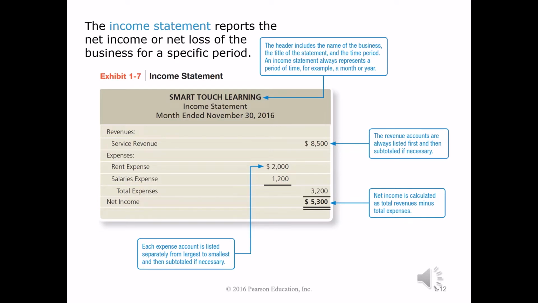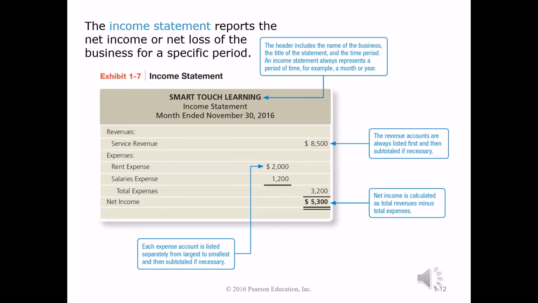The header is important on the income statement, and it needs to read like this. It has the company's name, it has the name of the financial statement itself, like here it says the income statement, and then the way that we report the date is important. It should say for an income statement, the month ended, or the week ended, or the quarter ended, or the year ended, and then the date.